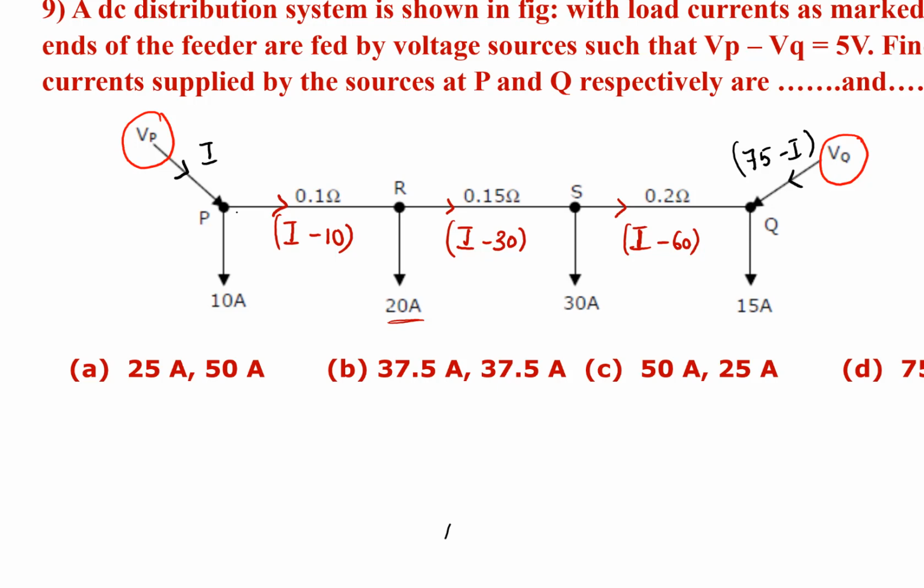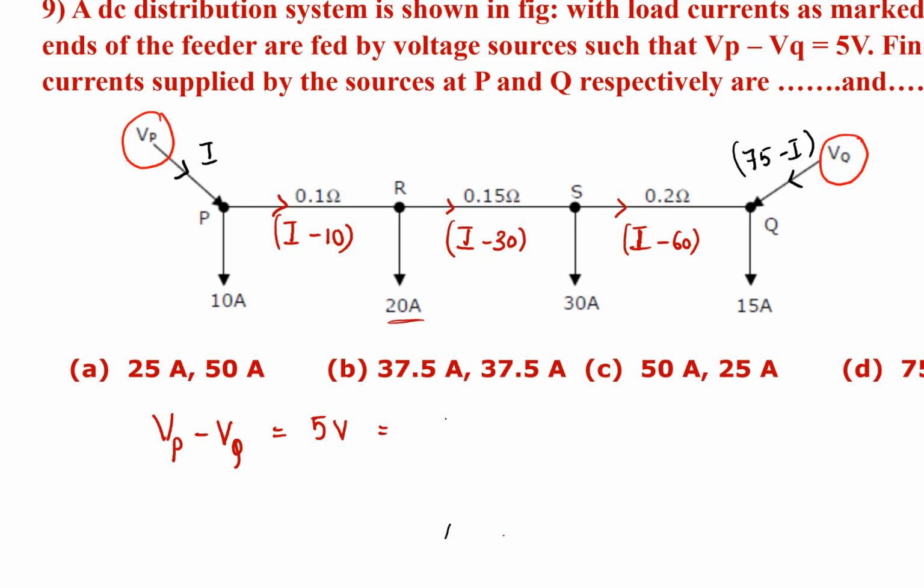Now if we calculate the voltage drop between point P and point Q on this distributor, what we are going to get? Vp minus Vq, that is equals to 5 volt is equals to, what is the current flowing through the branch PR?